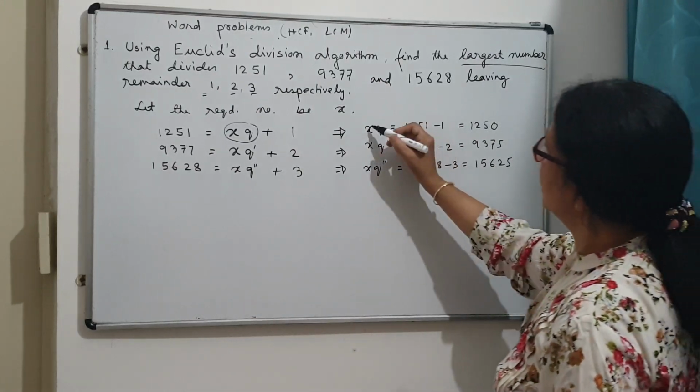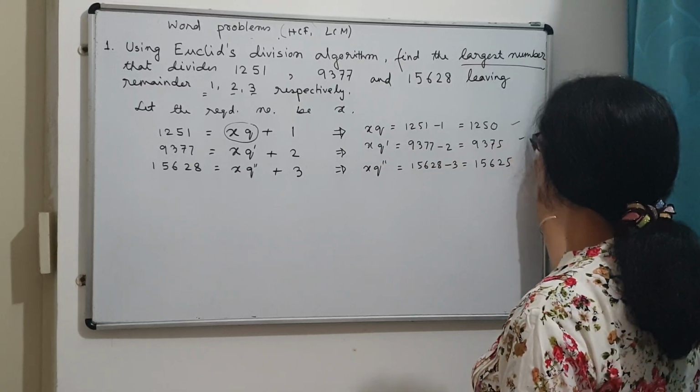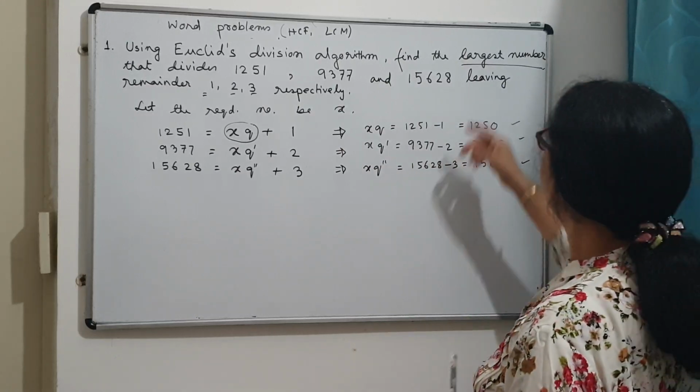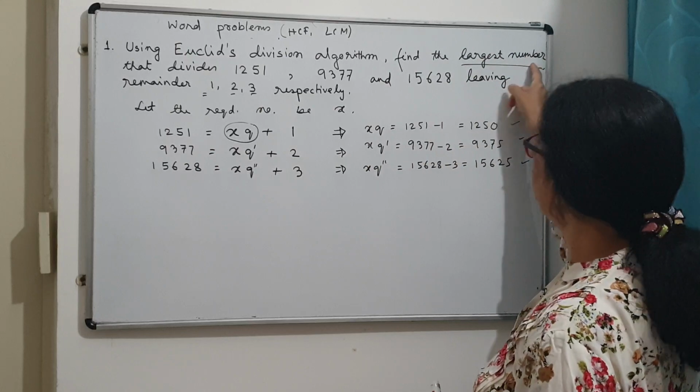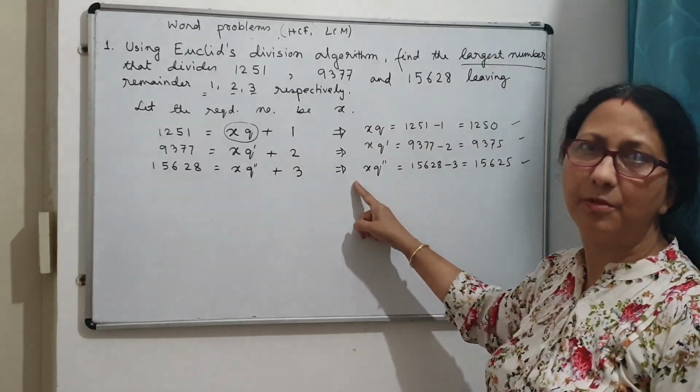So x is a common factor of these three numbers, and obviously, because it is the largest number, this x will be the highest common factor.